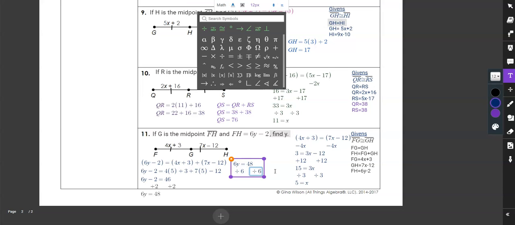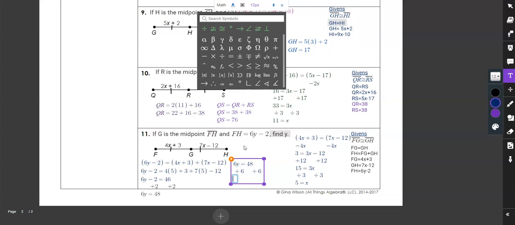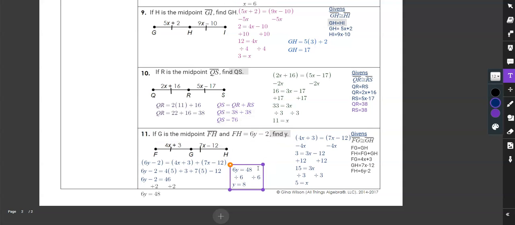All right. And once I complete that calculation, I will determine that y is equal to 8. So I know that was a little bit tedious. We ran out of room, but there it is.